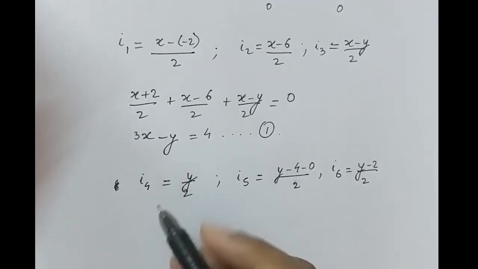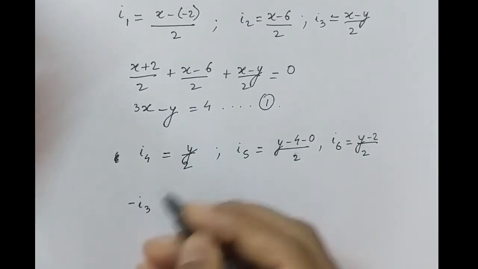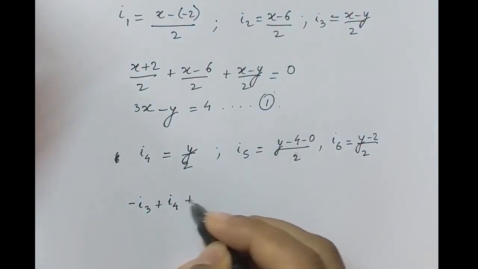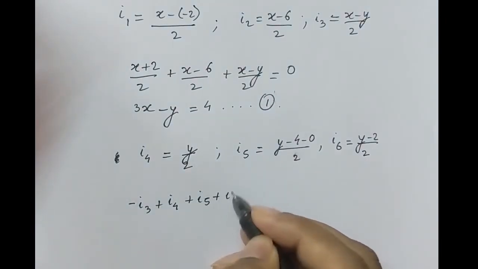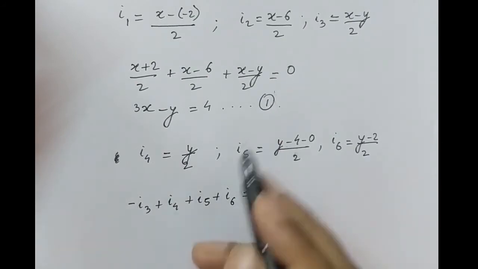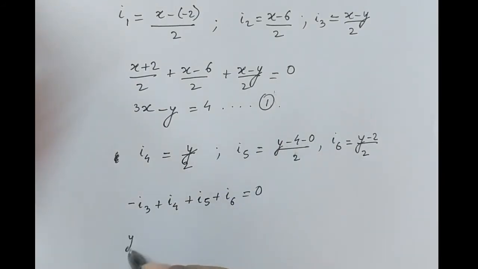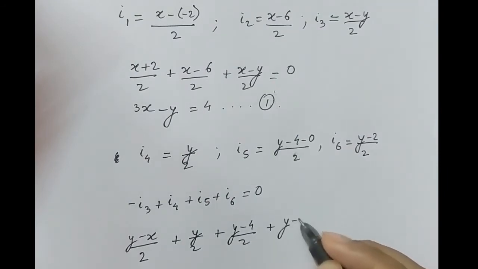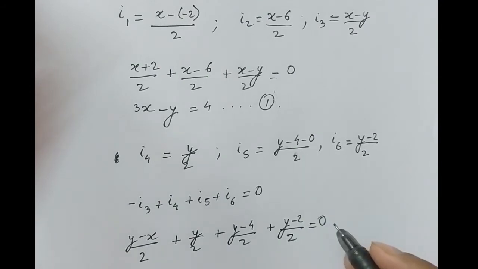So now the negative of I3, since remember I3 is coming from the other side, minus I3 plus I4 plus I5 plus I6 should be giving me 0, so I can put it accordingly. (Y minus x) divided by 2 plus y by 2 plus (y minus 4) by 2 plus (y minus 2) by 2 should be giving me 0.